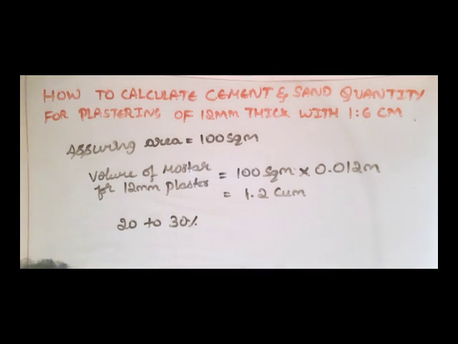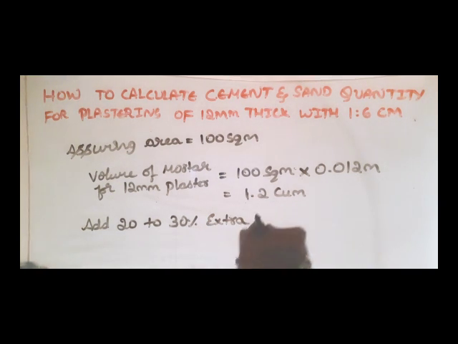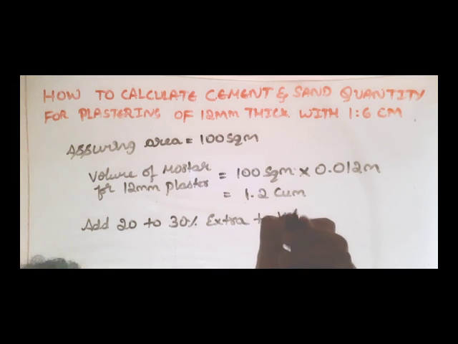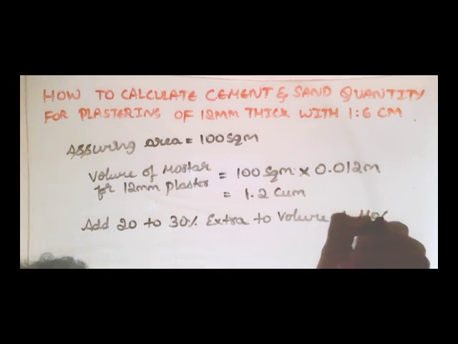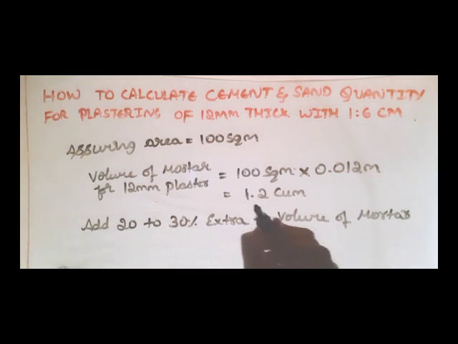So this 20 to 30% is to be added as extra to the volume of mortar. Because of wastage I am going to add this 20 to 30% extra to the volume of mortar which we got.